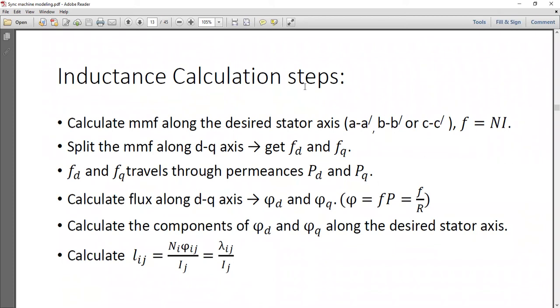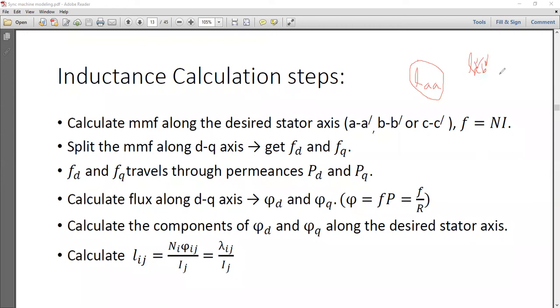Now remember that L could be self-inductance, or between stator and stator coils. L could be LAB, between stator and stator coil. What I mean is this: you could have LAA, which is a stator to stator self-inductance. You could have LAB. What is that? Mutual inductance between stator A coil and B coil.